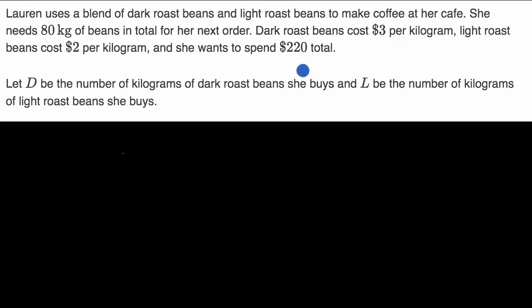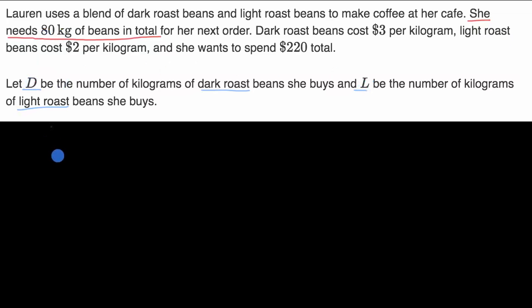And what I'm going to do is underline. We know that D is dark roast beans, and L is the number of kilograms of light roast beans. And then they tell us here, she needs 80 kilograms of beans in total. So what we could say is, the number of kilograms of dark roast beans plus the number of kilograms of light roast beans needs to be equal to 80 kilograms.